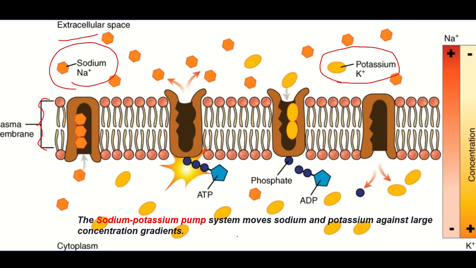The sodium potassium pump system moves sodium and potassium against a large concentration gradient. Substances pass in and out of the cell as tiny particles called molecules. Molecules in liquids and gases are never still. They keep moving and bumping into each other all the time. They use energy from ATP, adenosine triphosphate, which becomes ADP, adenosine diphosphate.